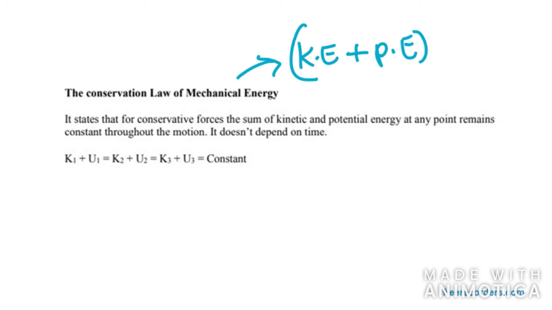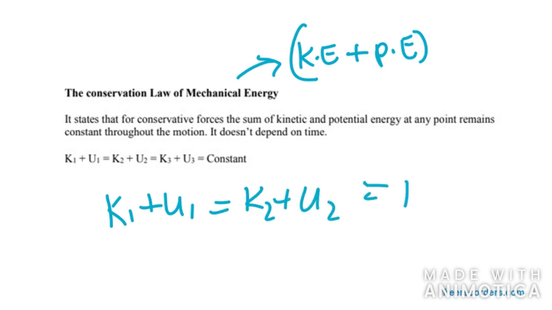So their states remain the same. It states that for conservative forces, the sum of kinetic energy and potential energy at any point remains constant throughout the motion. So we can write that because they don't depend on time: K1 plus U1 equals K2 plus U2 equals K3 plus U3.